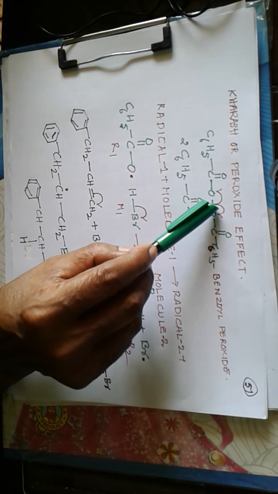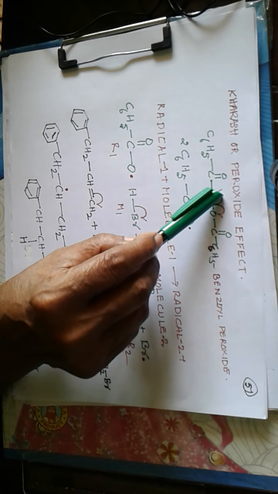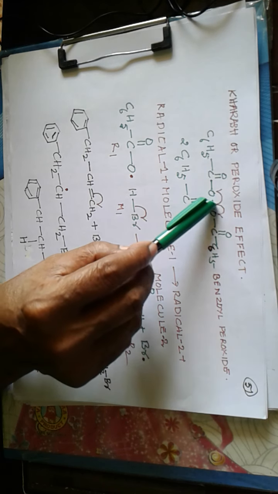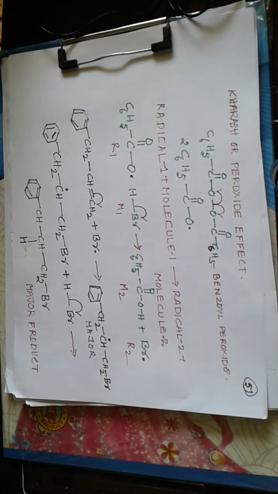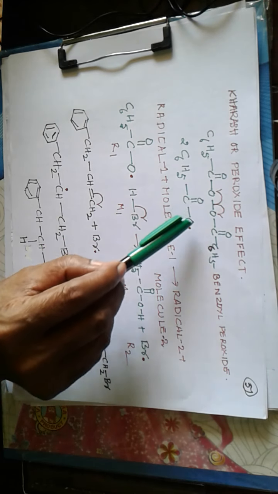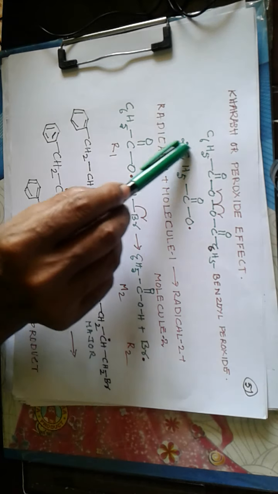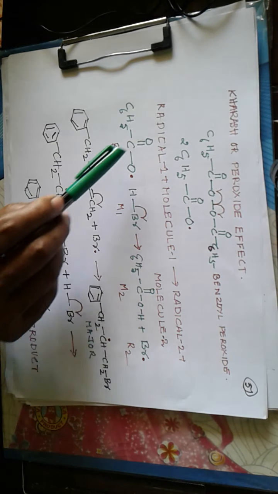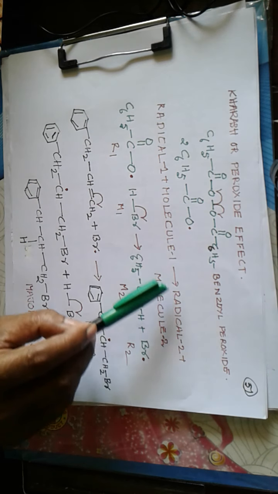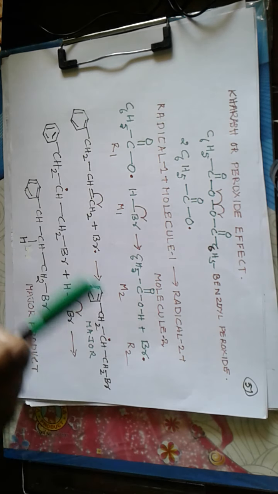But here I am showing the reaction by two half-headed arrows. Both are the same. Now we get an oxygen atom with a single electron, that is a free radical. Then again you remember the general reaction, radical 1 plus molecule 1 giving radical 2 and molecule 2.